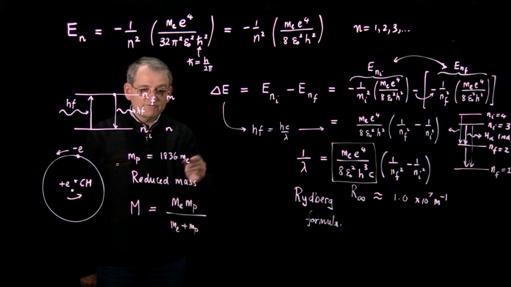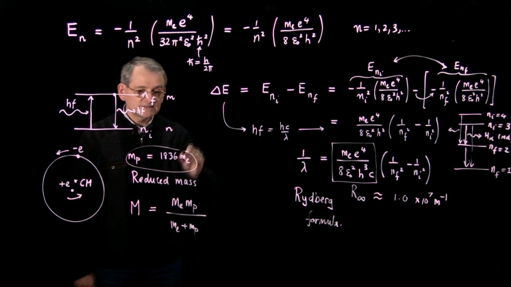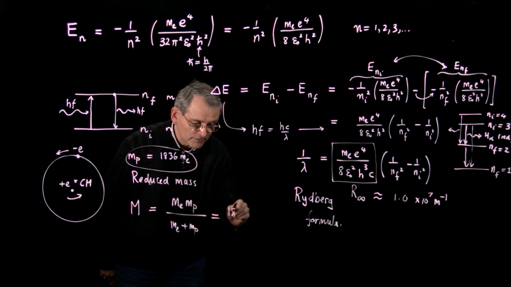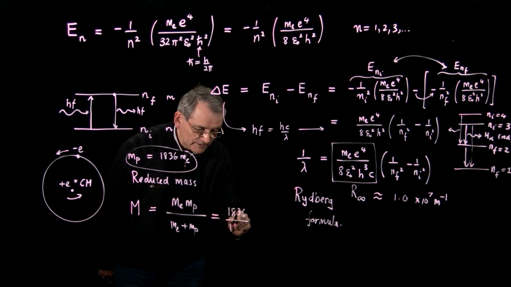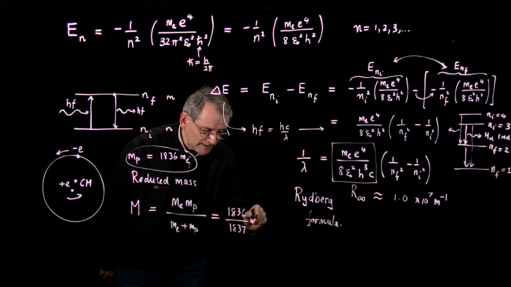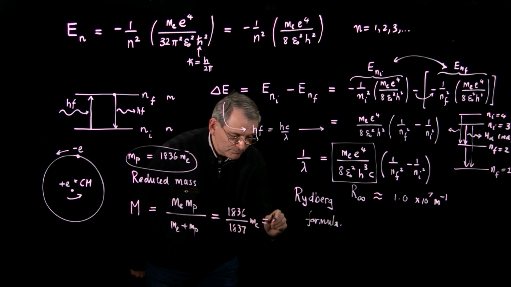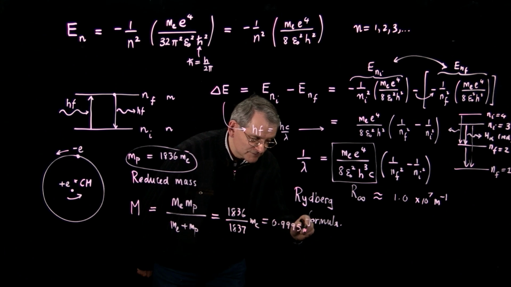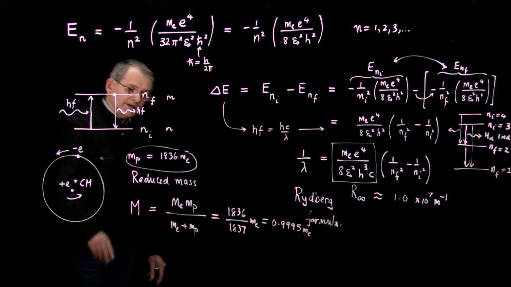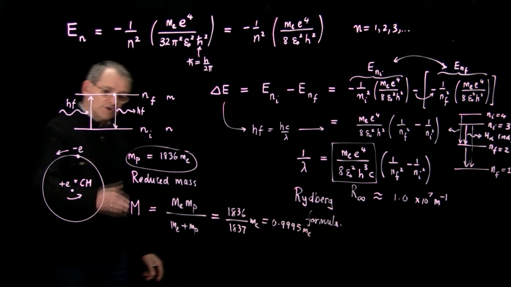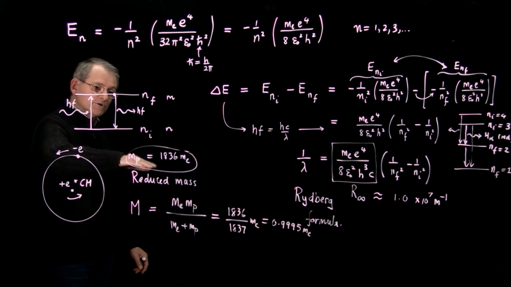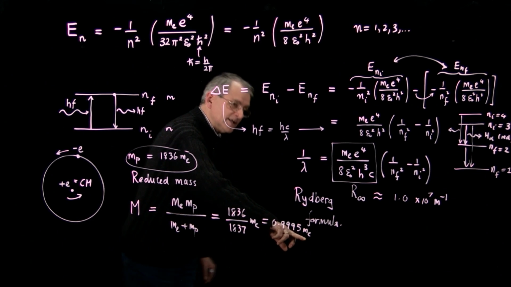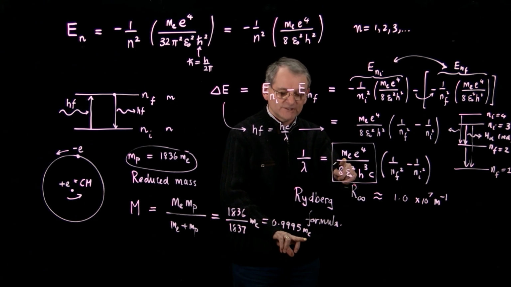Now, if I put in the value of 1836, you can see that when I calculate this, it gives me 1836 on 1837 m_e, which is 0.9995 times the mass of the electron. So you can see that the correction for including the fact that the proton has a large mass but not infinitely so is quite small. And you can now see why I could just have used the electron mass.